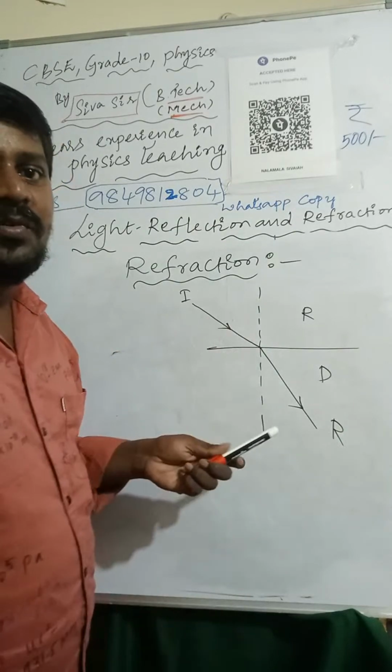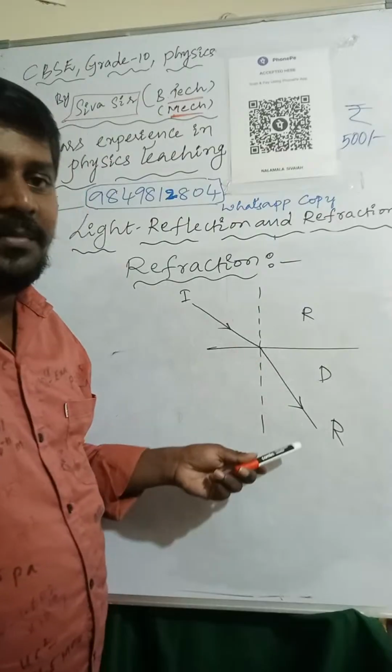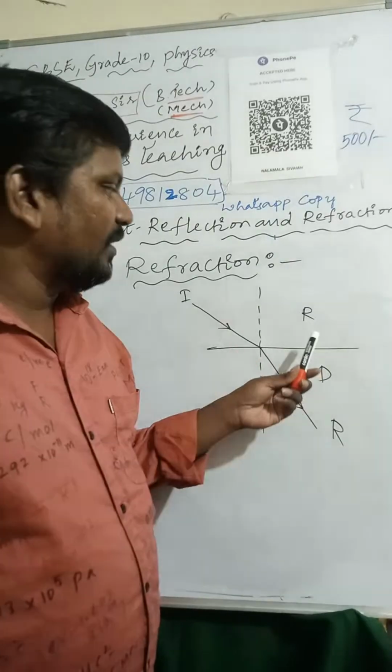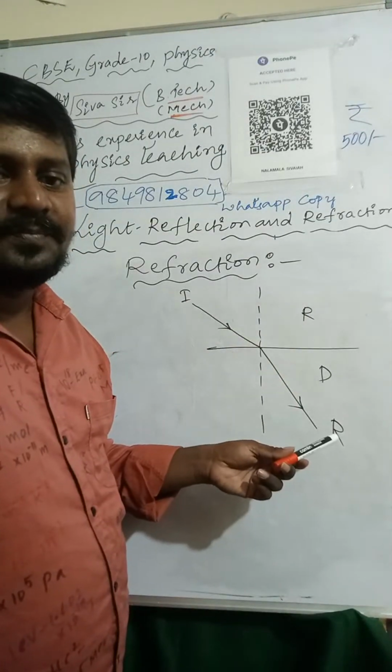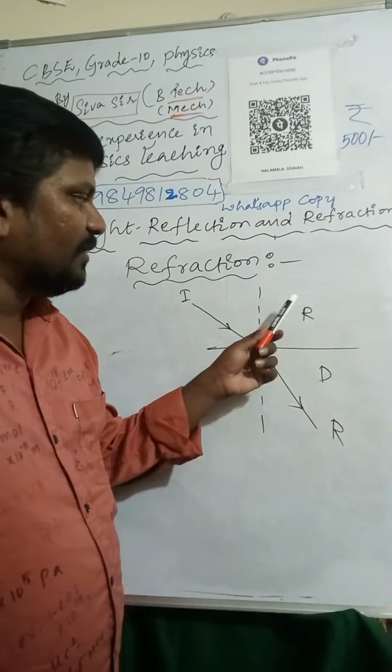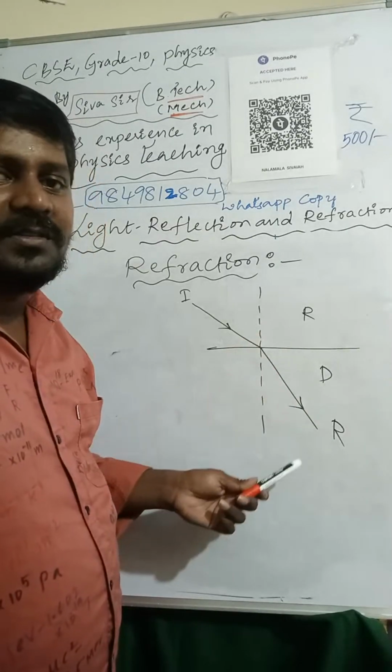When the light is moving from one medium to another, I'm considering this a rarer medium and this one a denser medium. When the light is moving from rarer to denser, it bends towards the normal line.